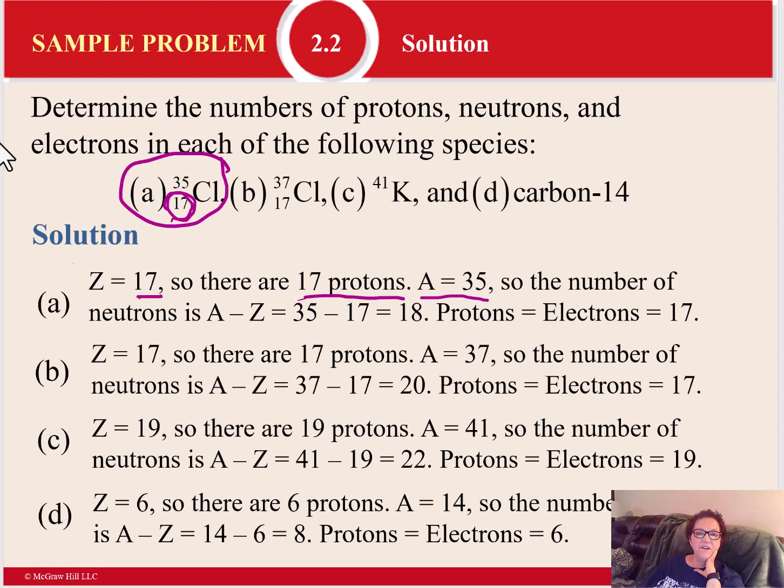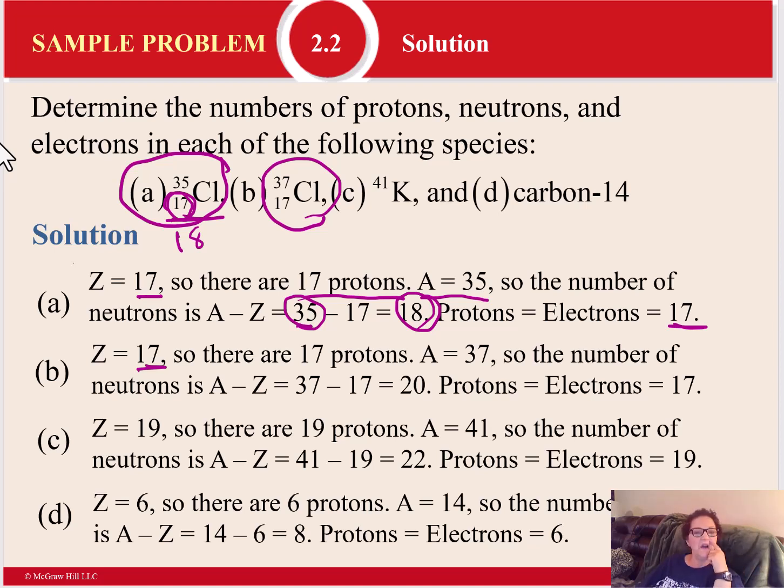To find the number of neutrons, 35 minus 17 is 18, so there are 18 neutrons. Since protons and electrons are equal, it must have 17 electrons. In chlorine-37, it still has 17 protons because it has to, which means it also has 17 electrons.